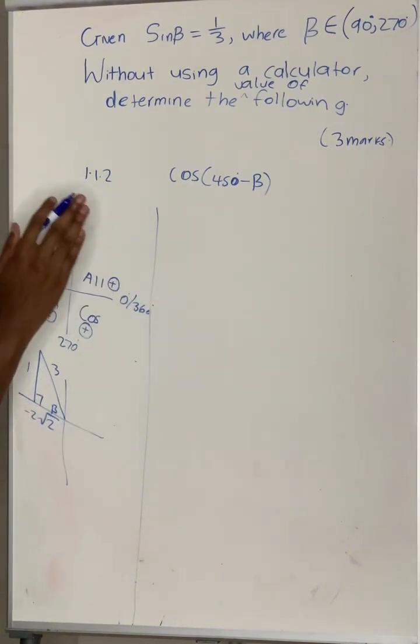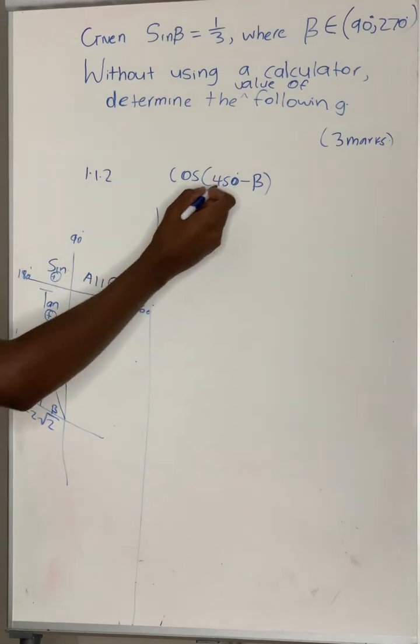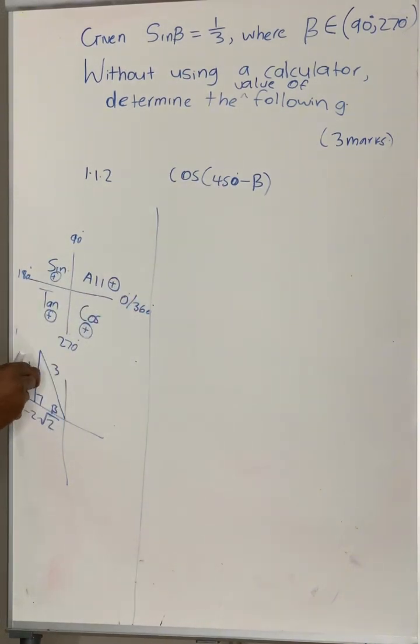Now I strongly recommend, to make things simpler for you, whenever you're given an angle which is above 360 degrees, you must first subtract 360. Let me say that again.